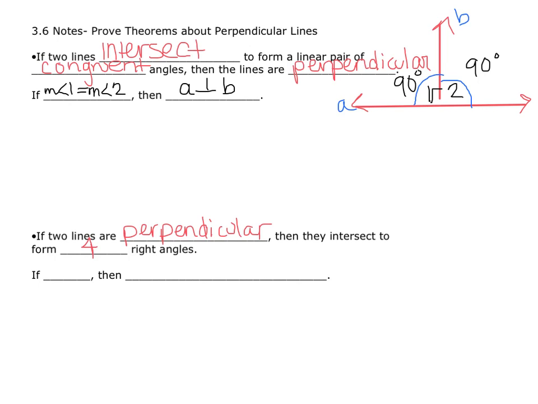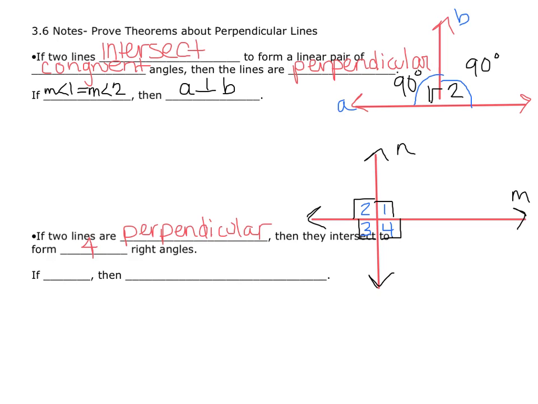So if our two lines are perpendicular, here's line N, and we'll make this line M. If you have one right angle, then you can conclude that you have all four right angles.